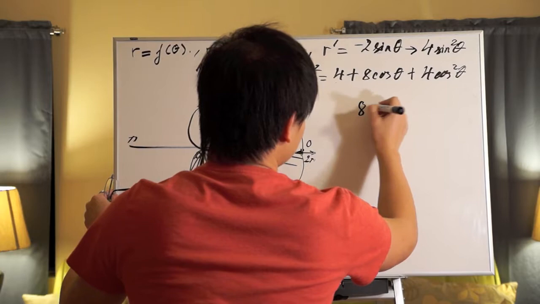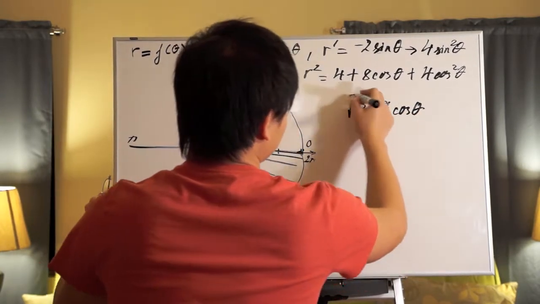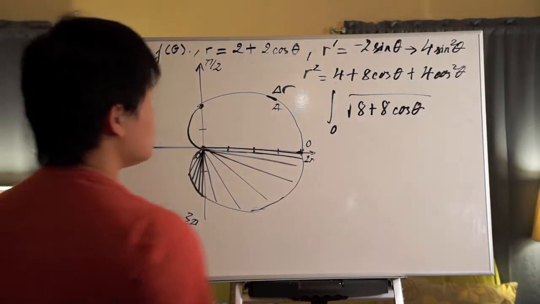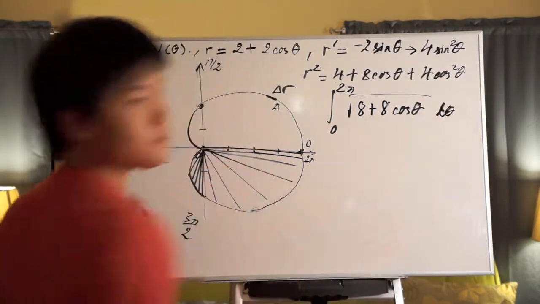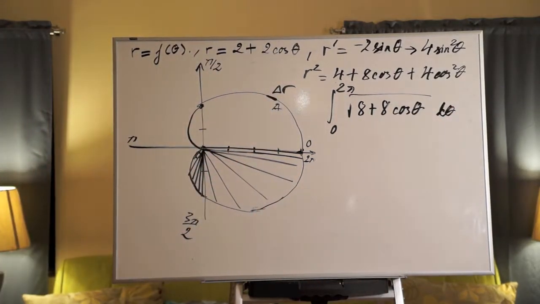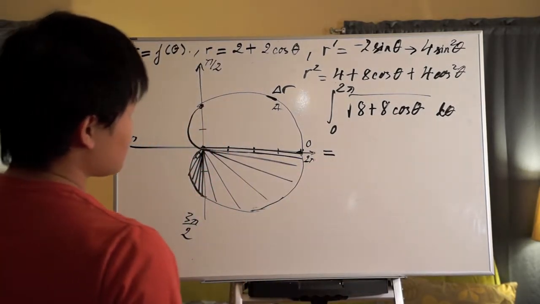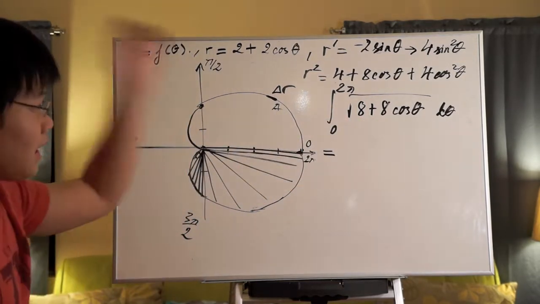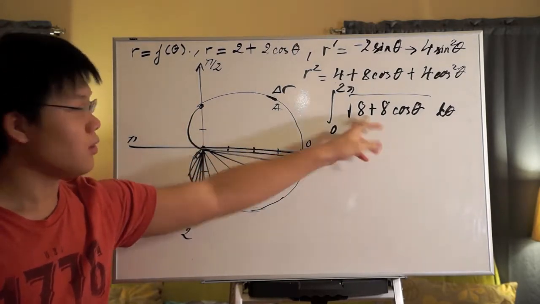So we have the integral of the square root of 8 plus 8 cosine theta from 0 to 2 pi d theta. Alright, so what are we going to do about this? Well, there's an 8 here, 8 plus 8 cosine, so we might try to pull out an 8.